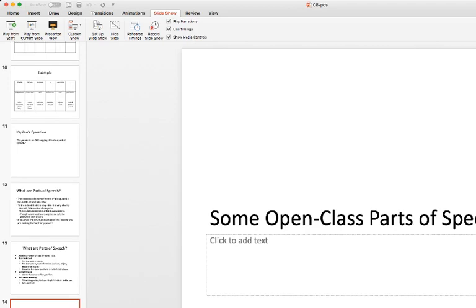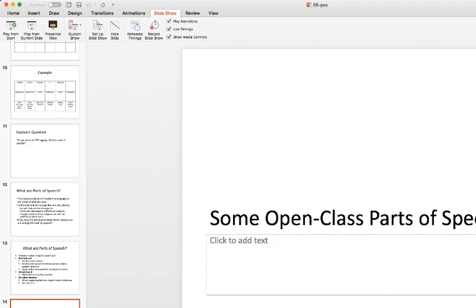We're going to start with a division into what are called open class and closed class parts of speech. You can divide the lexicon, the set of words in a language, into the open class words, which includes most words, and closed class words, which includes a few words. Open class words are classes of words that you can easily add to.